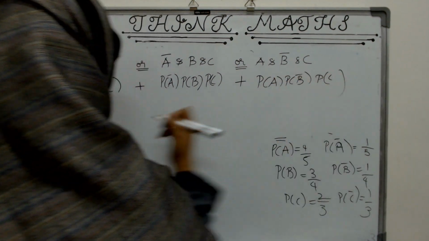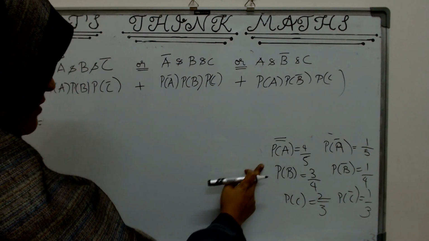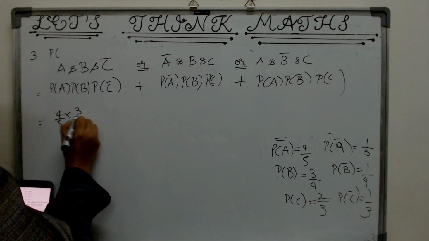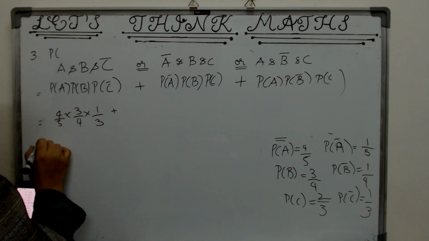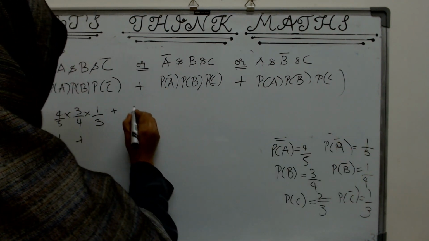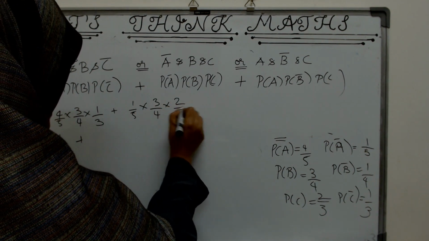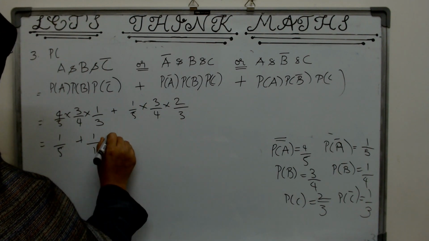Yeah. So now let us start writing the values. 4 by 5, 3 by 4 and 1 by 3. That would be 1 by 5. And the second would be A complement, 1 by 5 into 3 by 4, 2 by 3, which would be 1 by 10.